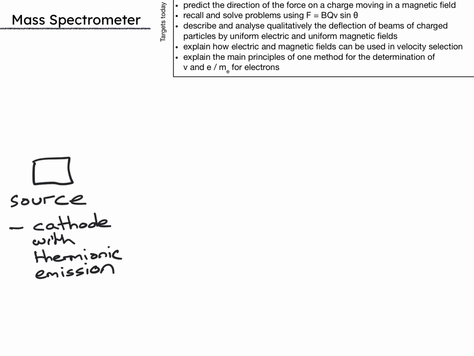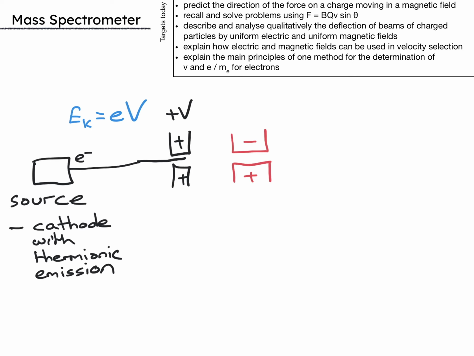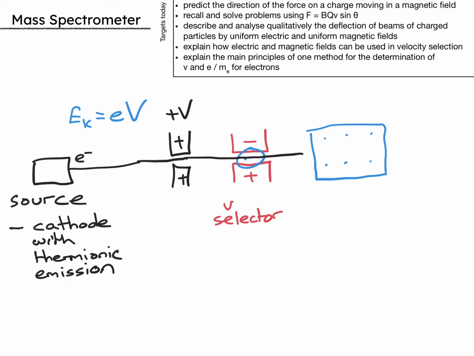The electrons are accelerated through a known voltage, giving them all the same kinetic energy equal to EV. There's a velocity selector that uses orthogonal electric and magnetic fields to allow only electrons with the chosen velocity through. There's another magnetic field that detects the electrons with a radius of curvature dependent on the charge to mass ratio, as given by the equation E over m equals V over Br.